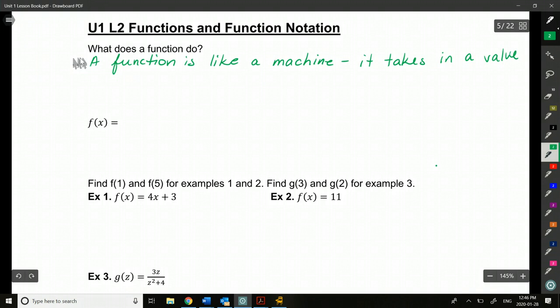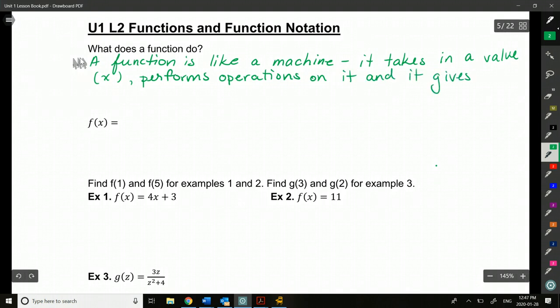It's going to take in a value, and this will be like an x value. It performs a set of operations on it, and it gives us out a new value. And this is usually our y that gets spit out from our function.